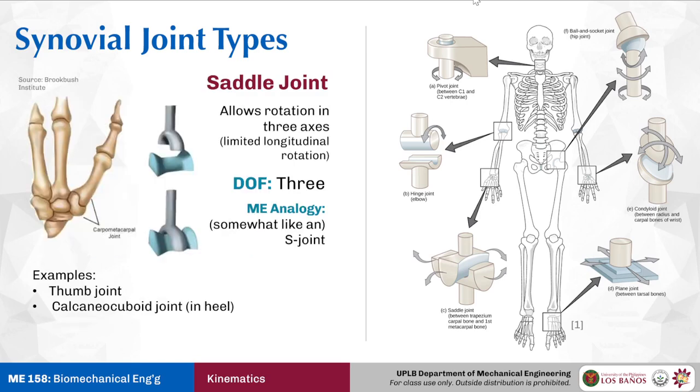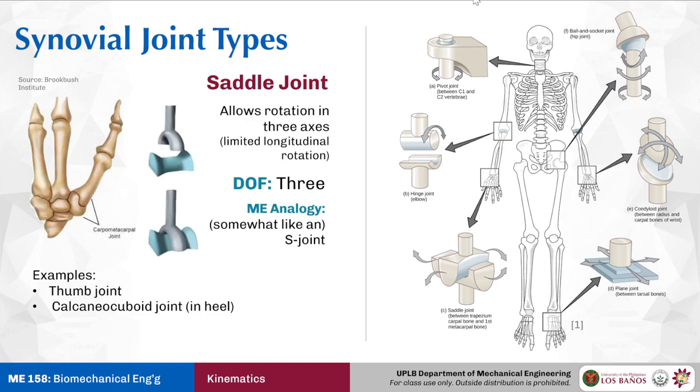Next, we have the saddle joint, wherein you can think of it as two Pringles sitting next to each other. There's one connecting bone that has an end that looks like a Pringle, and the other end is also like a Pringle.